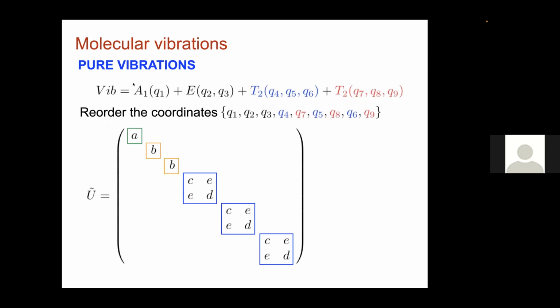I have a one-dimensional representation. So the corresponding coefficient is here. This is two-dimensional. Now the corresponding coefficient, which was b times q2 squared plus q3 squared, appears repeated here. And now this is the nicest thing. That's the reason I'm using the methane molecule rather than the deuterated methane, because here I have a multiplicity which is equal to 2, because this appears twice, but I have a degeneracy which is equal to 3.